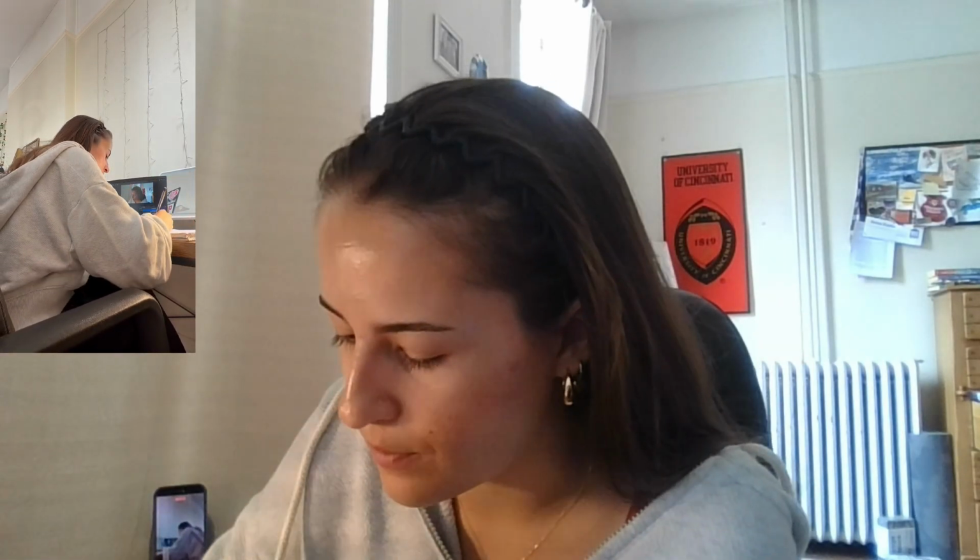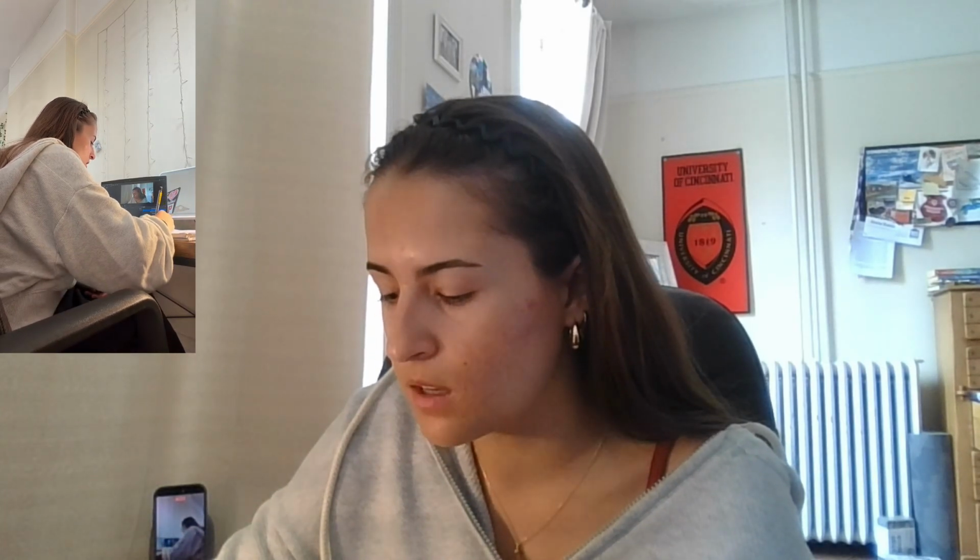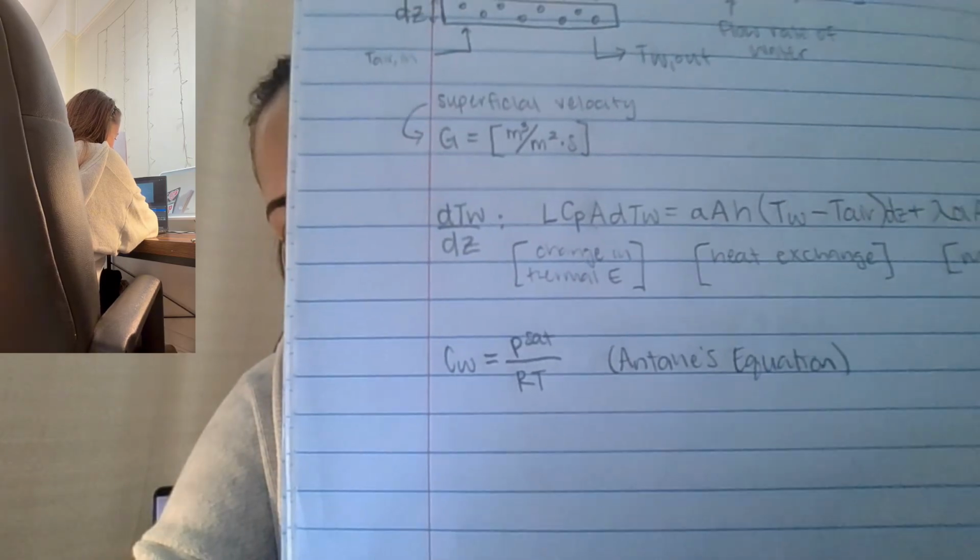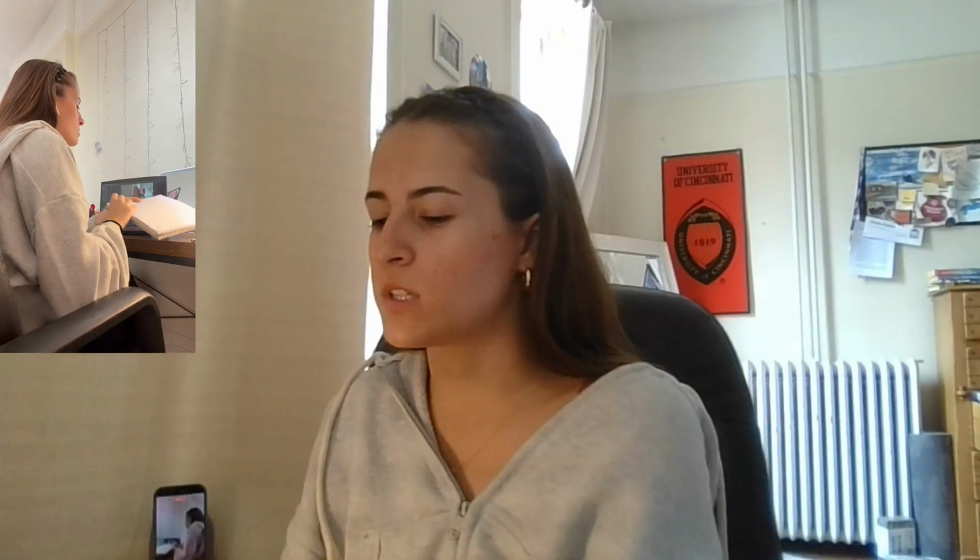But when we're talking about our fully saturated water, so CW, that's going to be equal to the pressure of our saturated water, so Psat, over RT, because we can recall that concentration is equal to pressure over gas constant times temperature, and since CW is our fully saturated water, we can find this through Antoine's equation here, and that'll just simplify our equation a little bit more when we take this to the Excel sheet. So I've just written here that CW is equal to saturated pressure over RT.